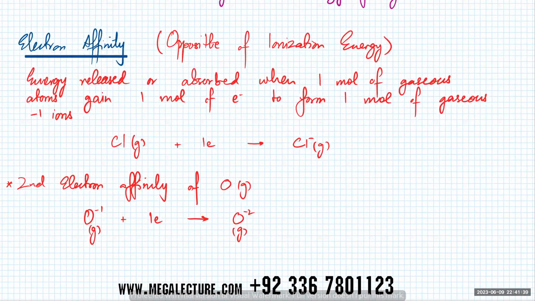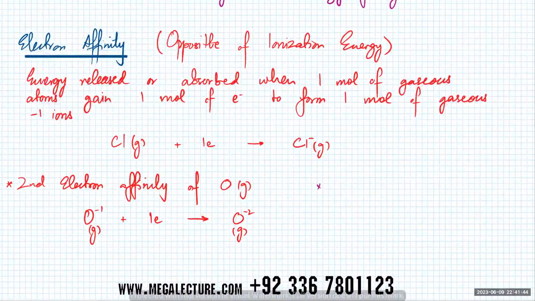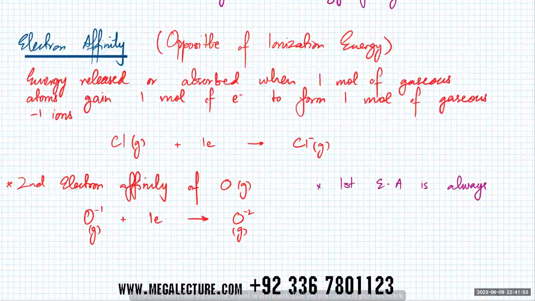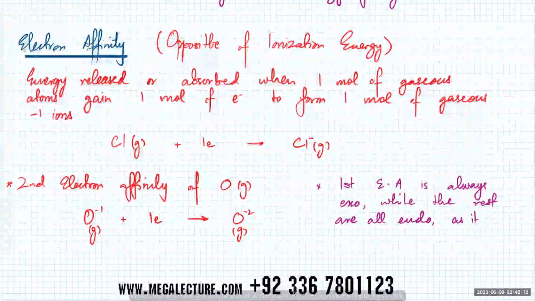Now the first electron affinity, remember, is always exo, while the rest are all endo, as it becomes harder for negative ions to gain electrons due to repulsion.